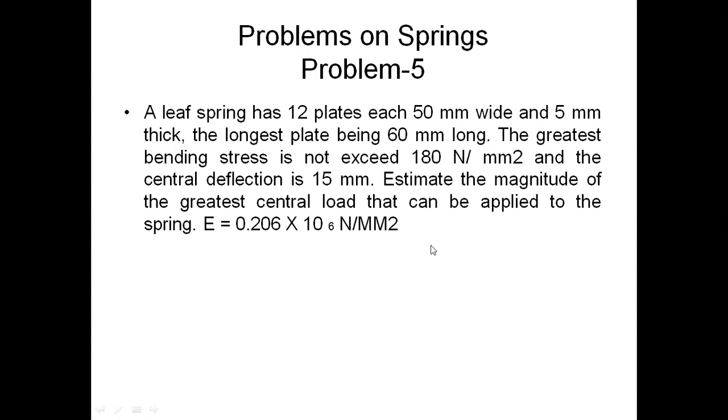Note down this problem. This problem is on leaf spring. Quickly note: A leaf spring has 12 plates, each 50 mm wide and 5 mm thick. The longest plate being 600 mm long. The greatest bending stress is not to exceed 180 Newton per mm square, and the central deflection is 15 mm.